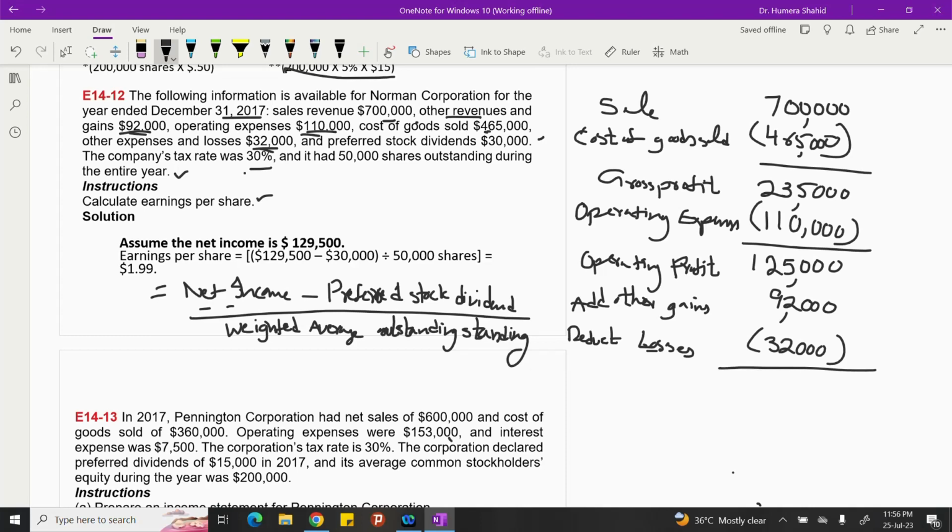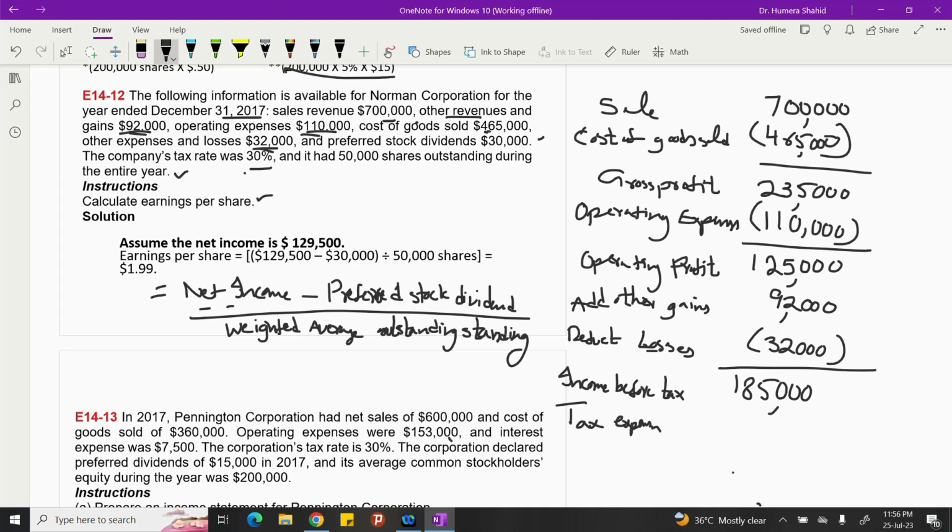So 125,000 plus 92,000 minus 32,000, I get my income before tax as 185,000.